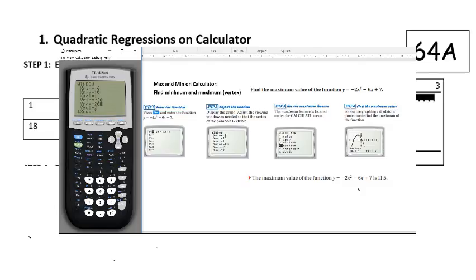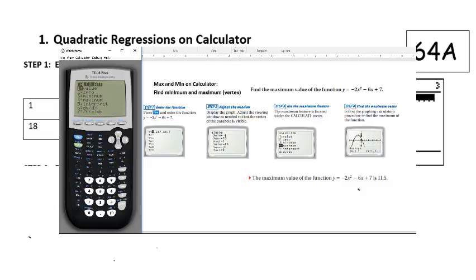Now, for the next step, since we adjusted our window, we're actually going to find our maximum. You really don't need to adjust the window to find the maximum. To find the maximum, we hit second and then calculate. Second, calculate is above trace, and it brings up the screen of calculating things.